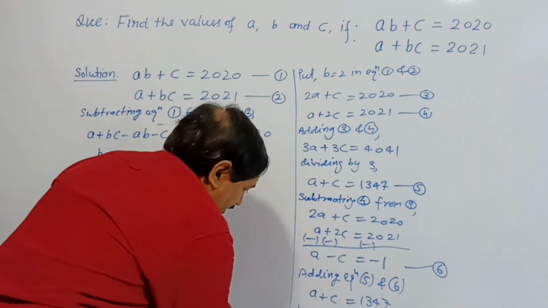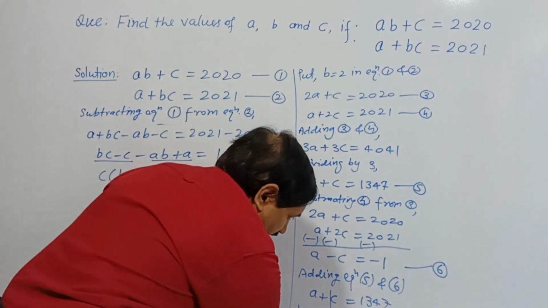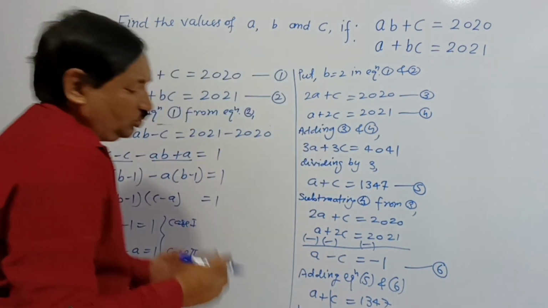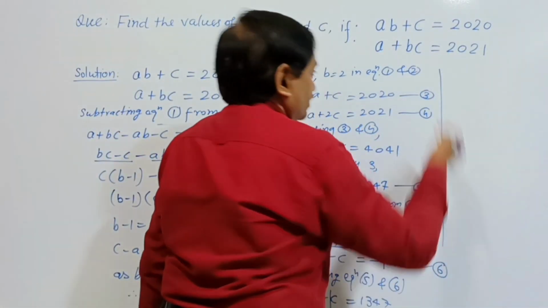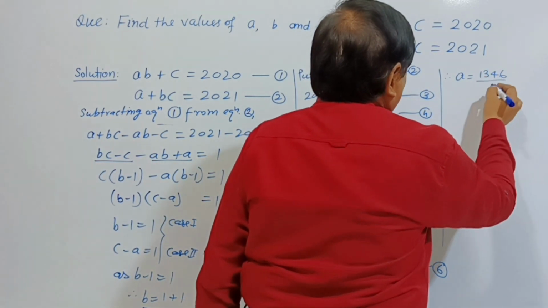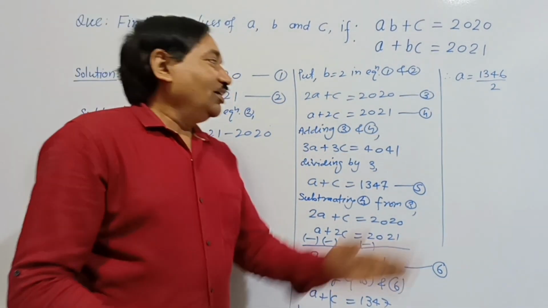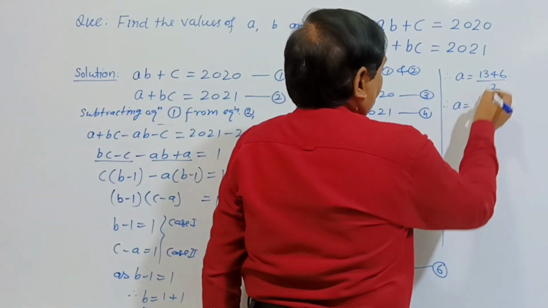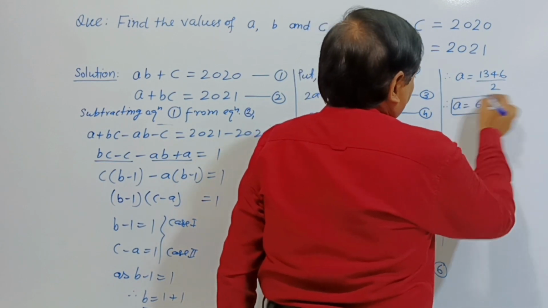Adding, plus C and minus C get cancelled, so 2A equals 1347 minus 1, that is 1346. Therefore A equals 1346 upon 2, which is 673. So A equal to 673.